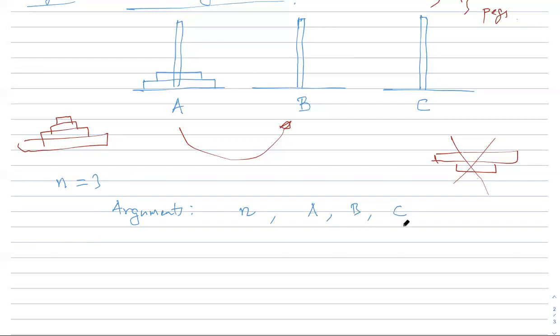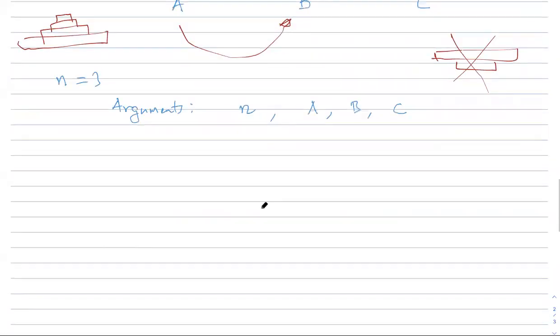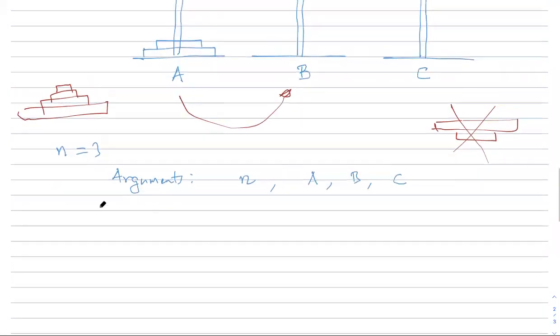This is a perfect candidate for enumeration because when you're calling the peg, you can call it 1, 2, 3. You can identify even with a character label, but you can also just identify them as enumerated identifiers. Any case, so these are the arguments. So you have n, A, B, and C.